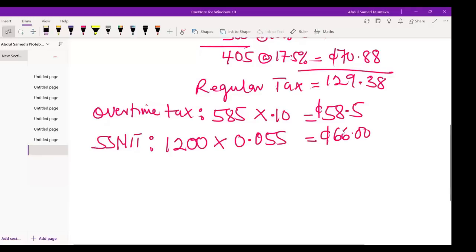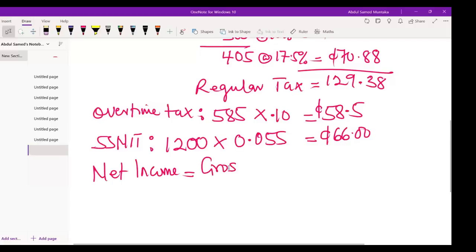Is there any other deduction? And the answer is no. There is no other deduction. So you see that for Precious, you were asked to find her what? Determine her net income. So net income, which is what?